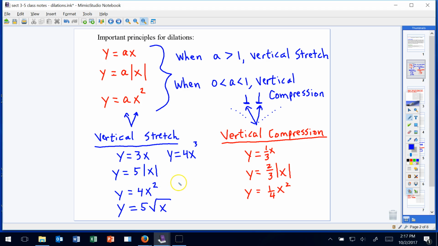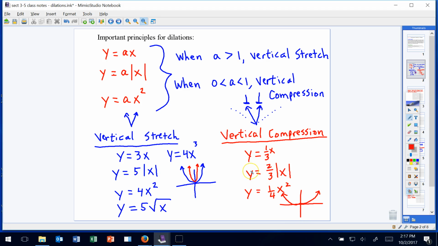Taking this parent y equals x squared, just doing a rough sketch, multiplying by 4 actually makes it skinnier. Some people might think that multiplying by 4 would make it much bigger, but it actually has the opposite effect. Multiplying by 1/4 actually makes it more bowl shape, more wider.